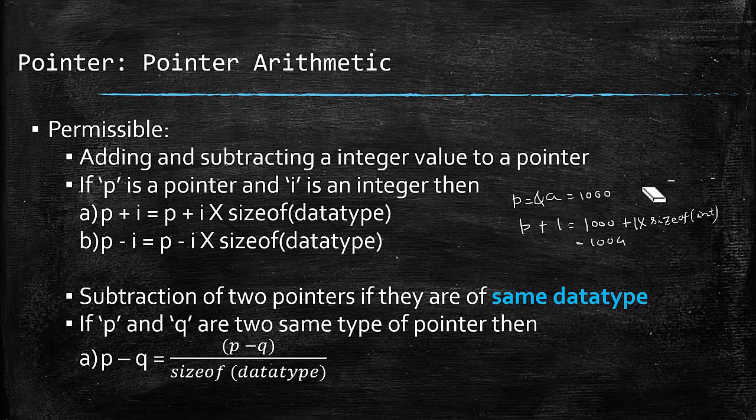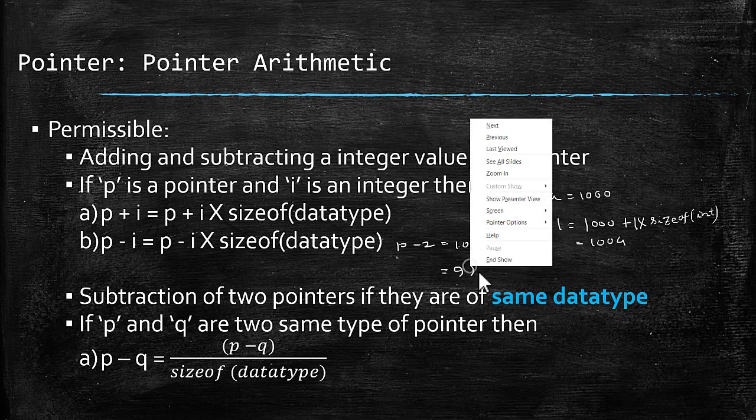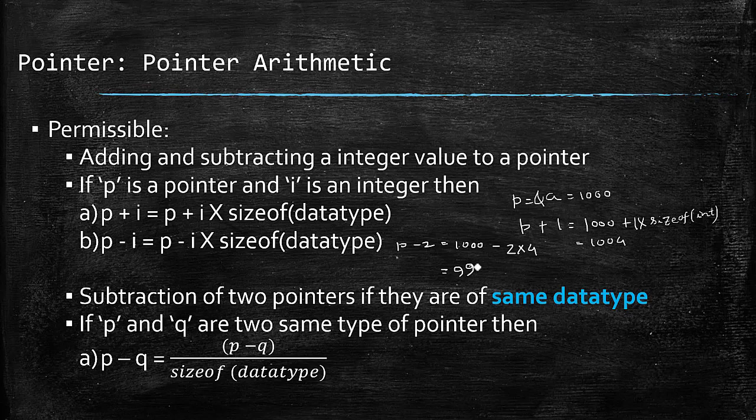So if I perform P minus 2, considering the P value is 1000, this will give me P minus 2 into 4. We are considering the size of integer is 4. So this will be 992. Now this is how an integer value can be added to or subtracted from the pointer.